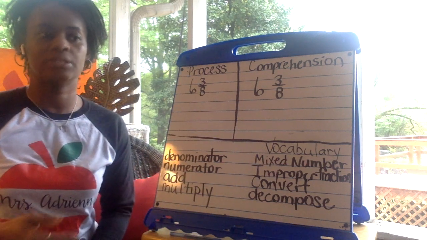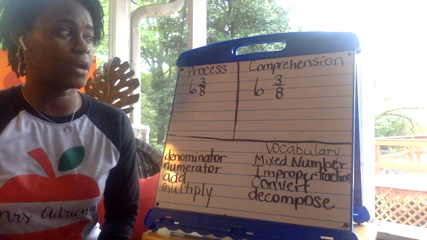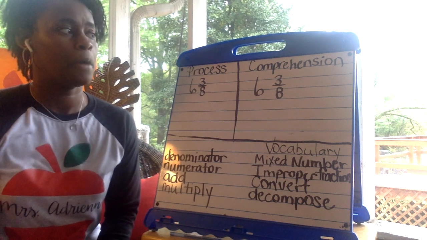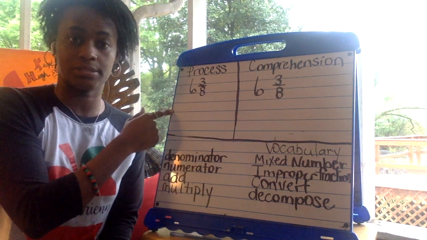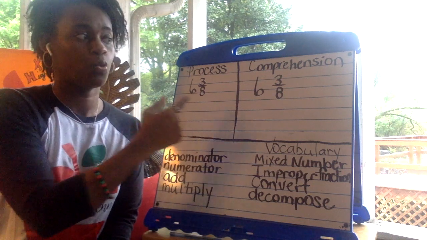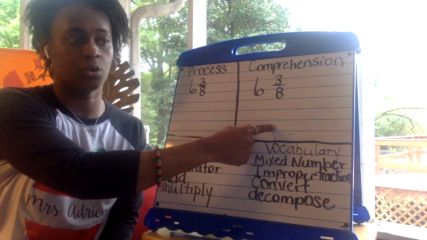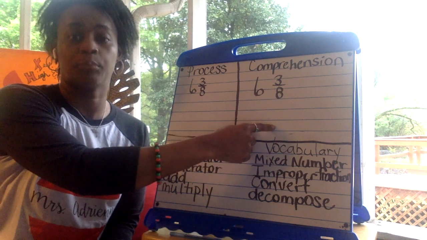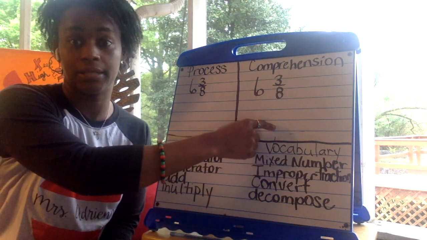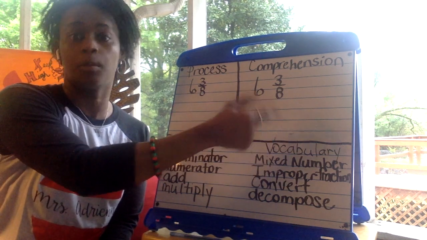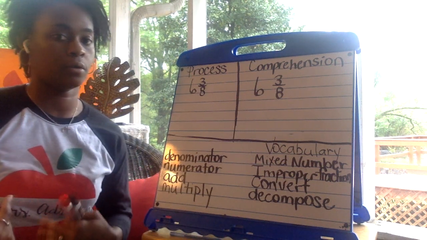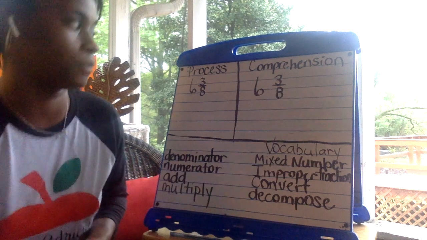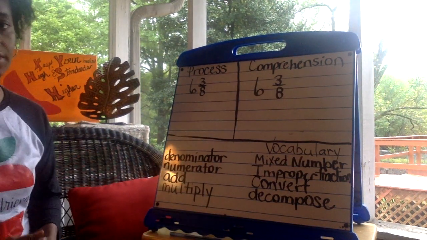Whichever your preference does not necessarily matter, but one is just going to be more of a sequence type approach, whereas the other one is going to be more of a comprehension, understanding approach to how the answers are derived from the original problem. So let's go ahead and get started.